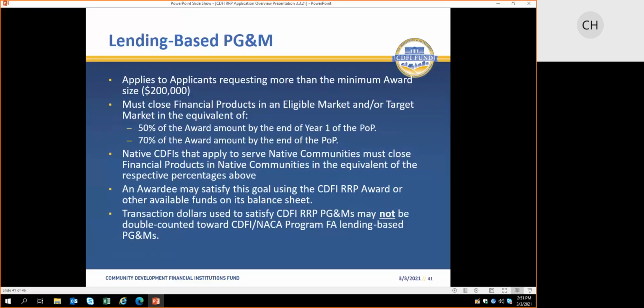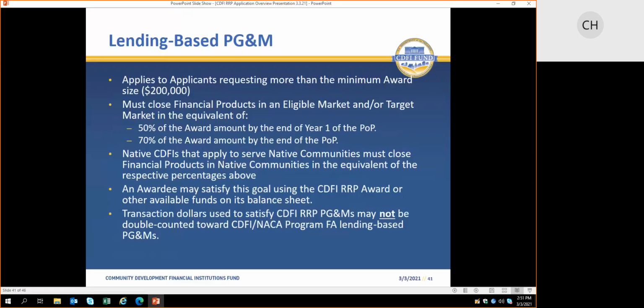As I discussed earlier, organizations that apply to serve Native communities must close financial products in Native communities in the equivalent of the respective percentages above. So those 50% and 70% benchmarks.